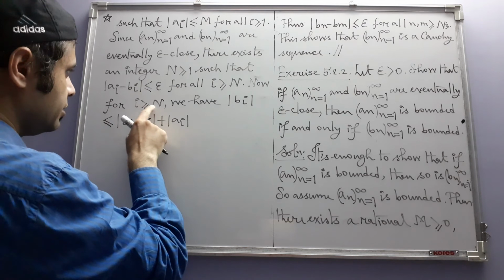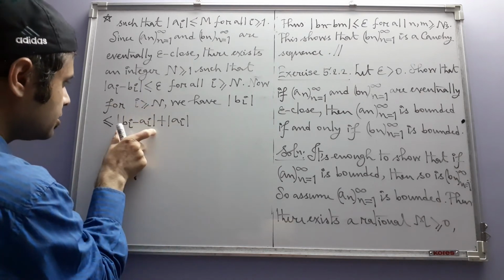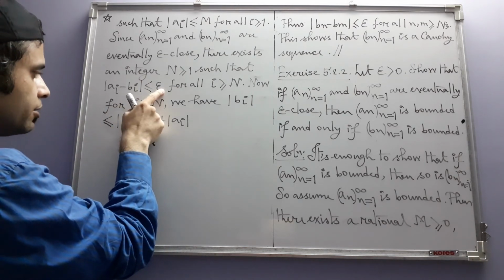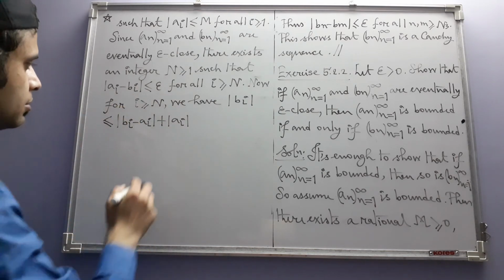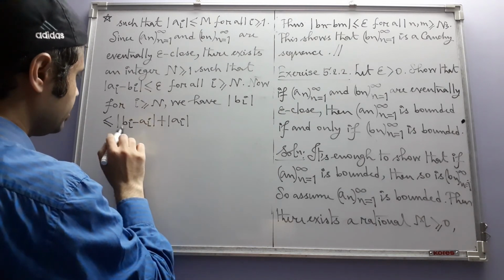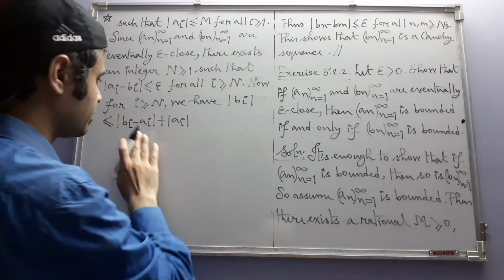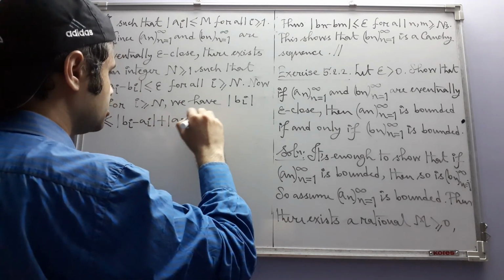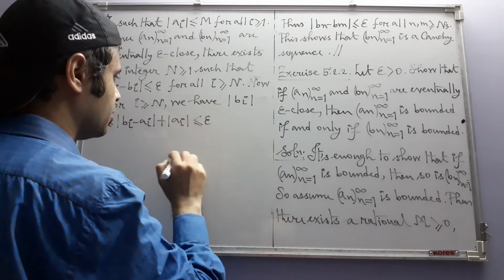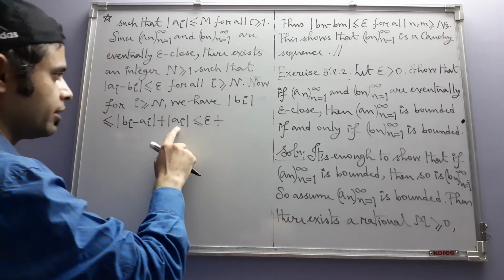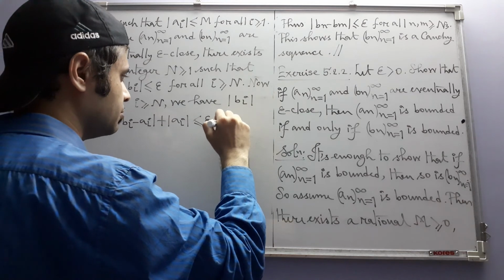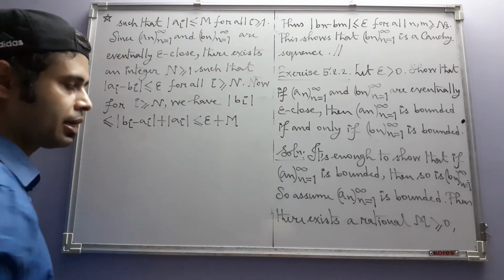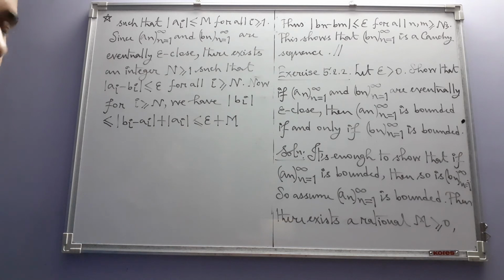Now since i is greater than or equal to N, this thing is less than or equal to epsilon. We already know that inside the absolute value you can change sign as you wish. So ai minus bi or bi minus ai, they will ultimately give you the same absolute value. So this is less than or equal to epsilon plus, for any i actually, we have this quantity to be less than or equal to m. So in particular for this type of i's also we have that inequality. So we get this.